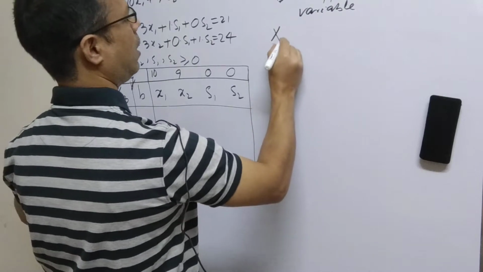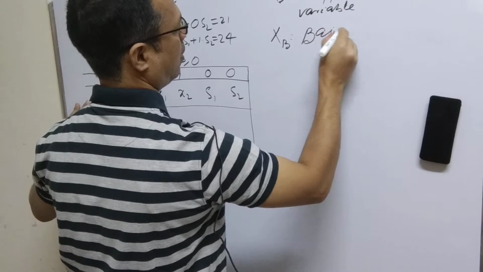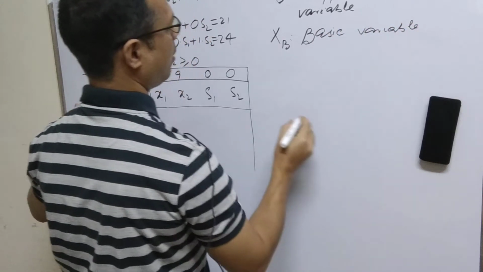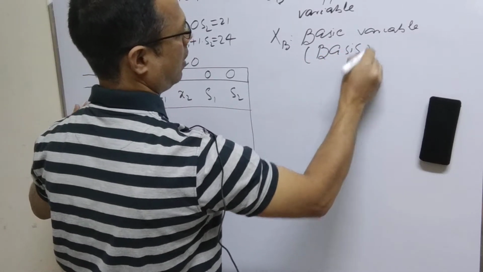xb is called the basic variable. Sometimes we call it a basis. So don't get confused.